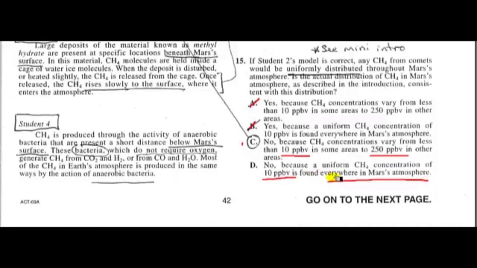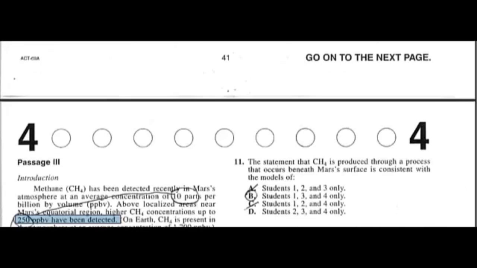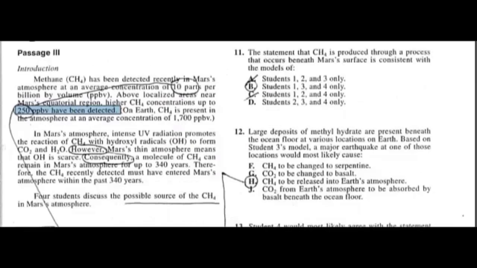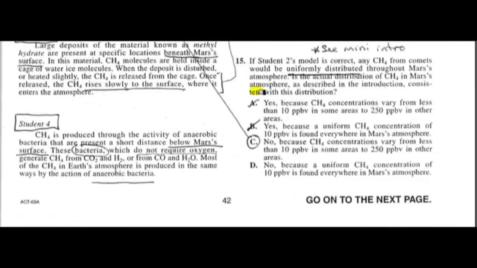Well, you know that that's wrong because it said up in the top here in the mini intro paragraph 10 parts per billion here and 250. So you know the correct answer for practice problem number 15 is indeed C.